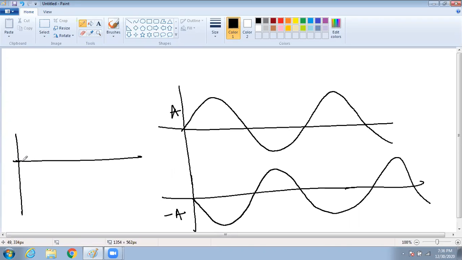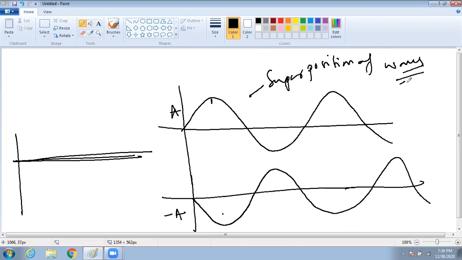You will get only zero. This is called destructive interference. Very, very important. This is called superposition of waves. First was constructive, second is destructive.